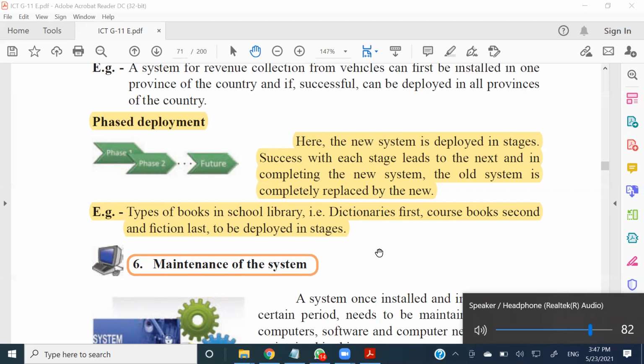Is there anyone still writing? Okay, so let's move to the maintenance of the system.